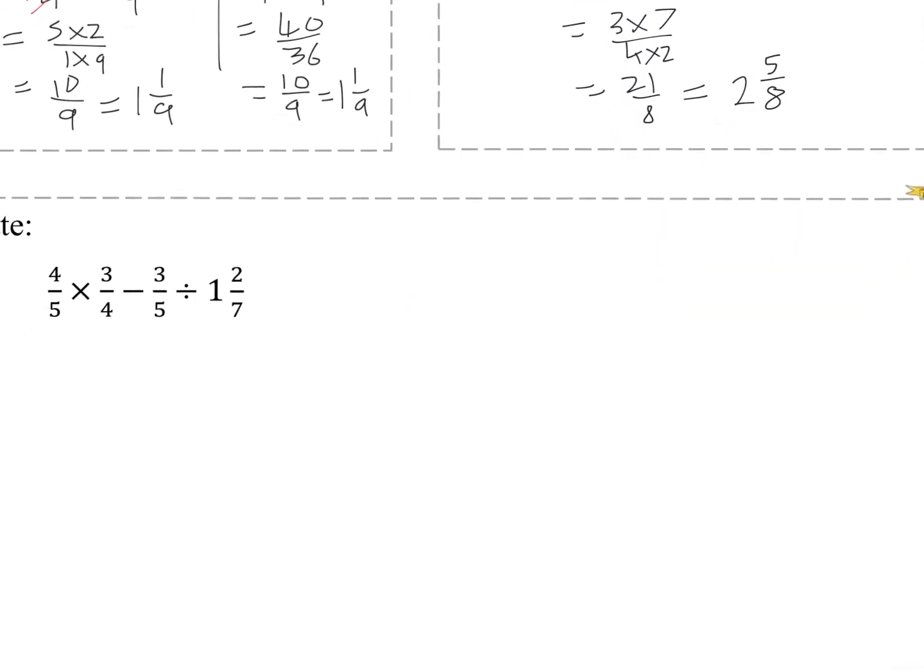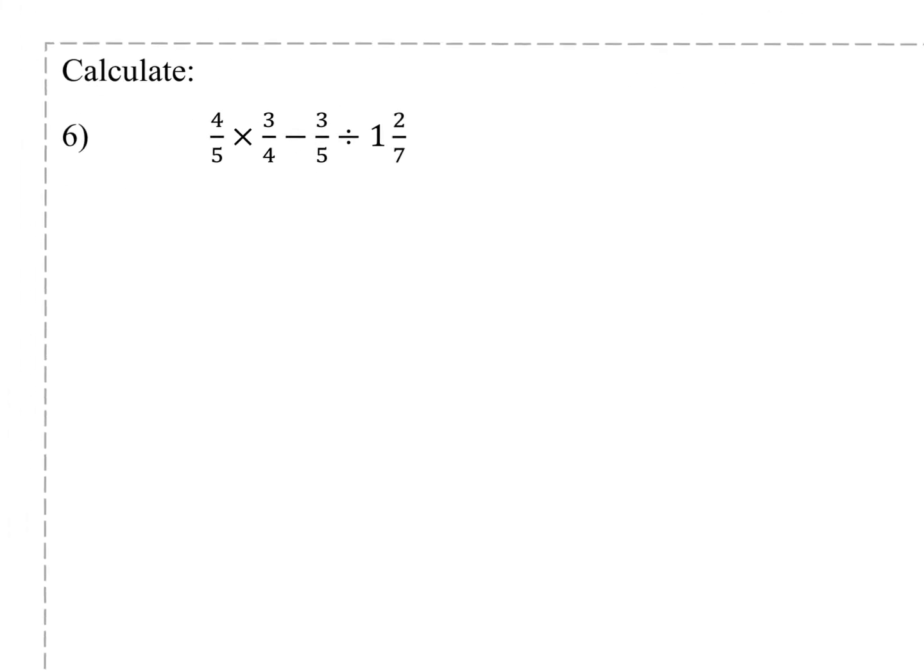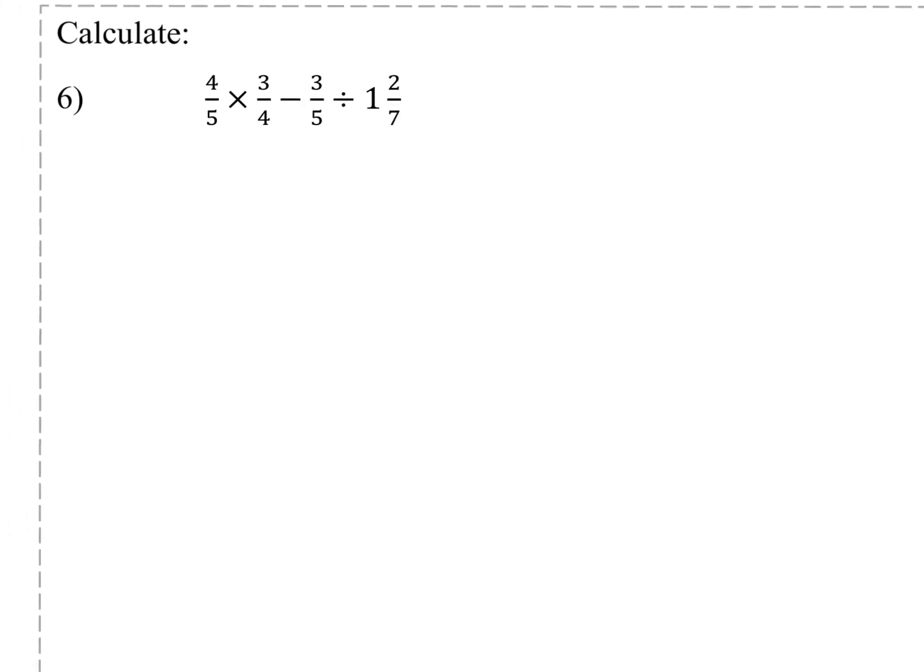Let's now try and put that together, where we've got a lot of calculations in one go. So example 6, we have 4/5 multiplied by 3/4, take away 3/5 divided by 1 2/7. Don't try and do too much at once, that could be your downfall.